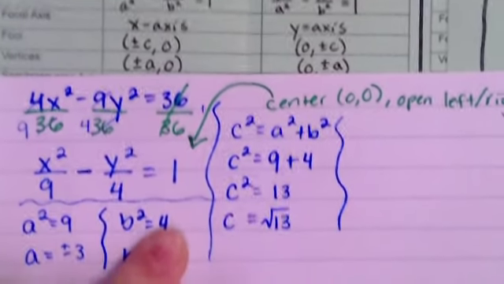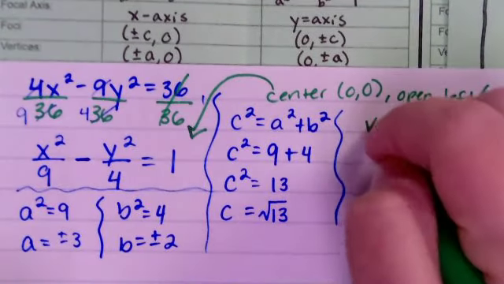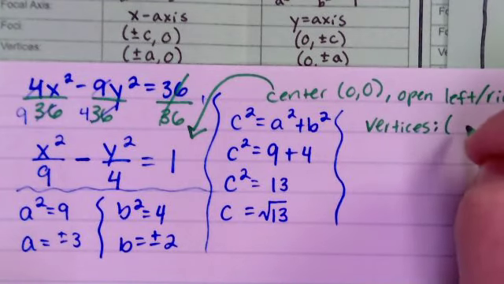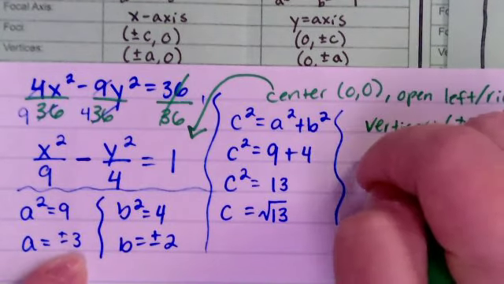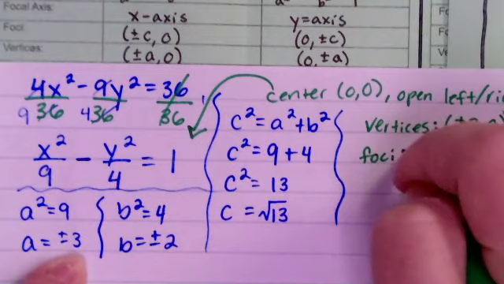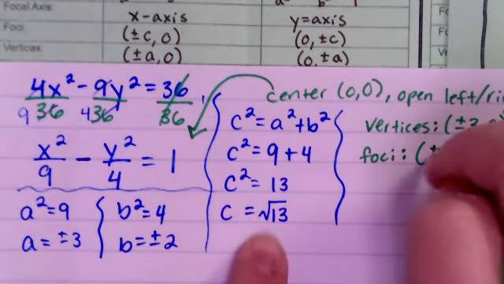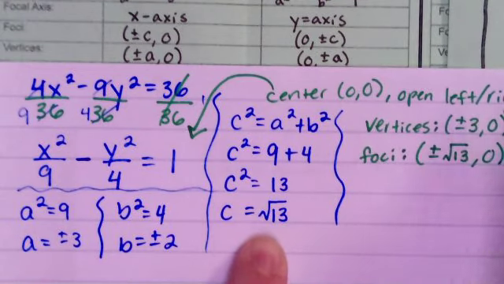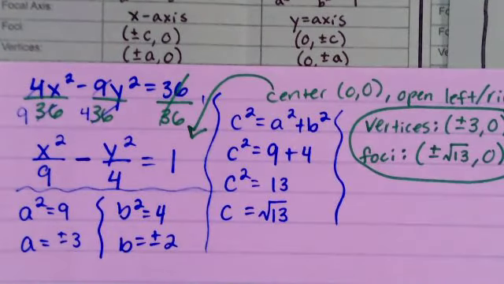So let me pull those numbers from our problem. Okay, vertices, plus or minus A. So that's plus or minus 3, 0. And then for our foci, we're going to look at our C value, plus or minus C, 0. That's what it asked for. Okay.